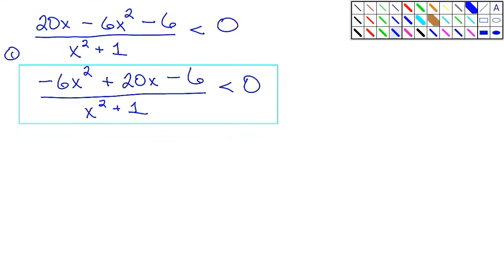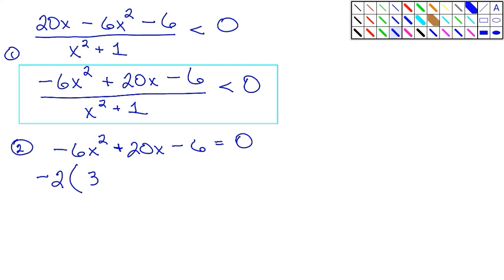Step 2, find the partition points. So I'm going to take the numerator and set it equal to 0, and then see if you can factor it. Well, I notice that all of the coefficients are even, and I'm not a particularly big fan of the negative in the front. So I'm going to take out negative 2.